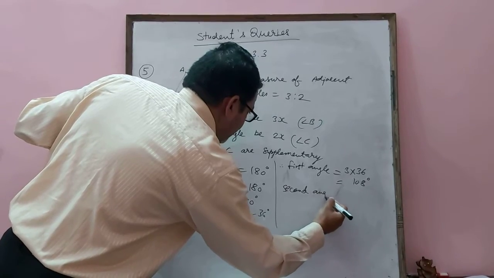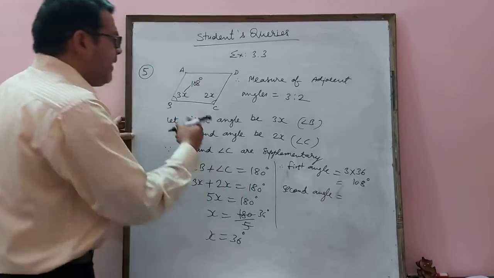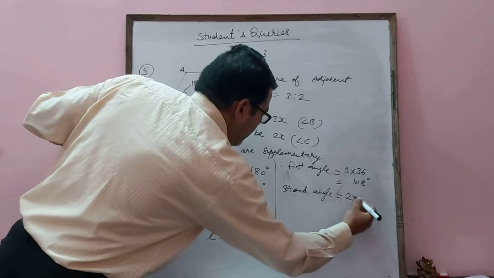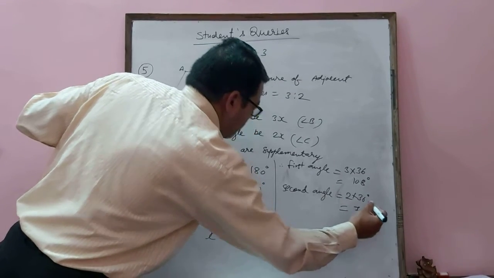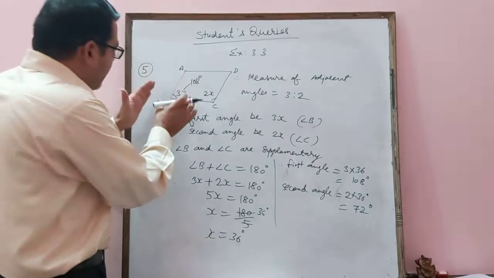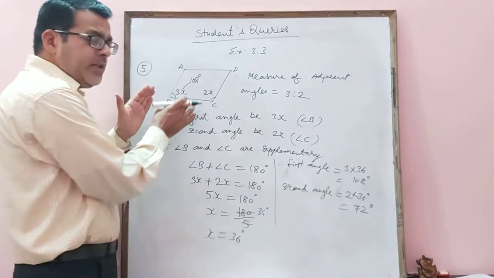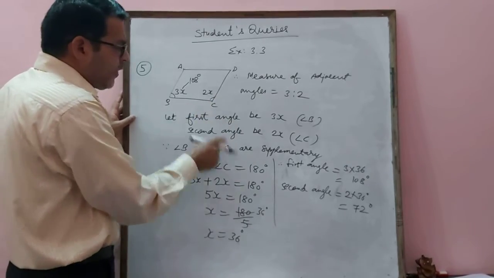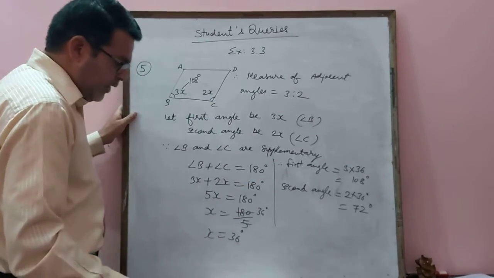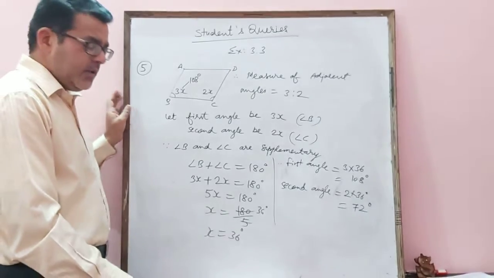These two are adjacent angles. The second angle is 2x, means 2 into 36, so that is 72 degrees. So angle B is 108 degrees and angle C is 72 degrees. Hope you understand.